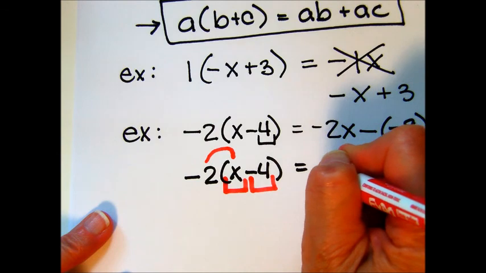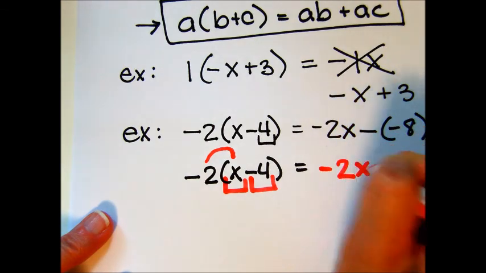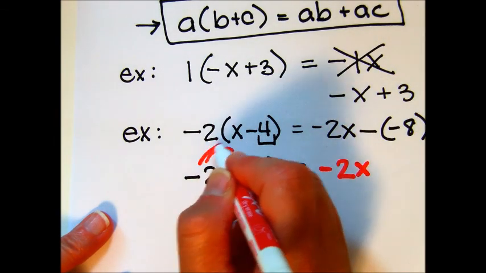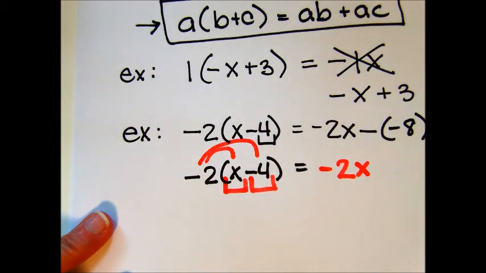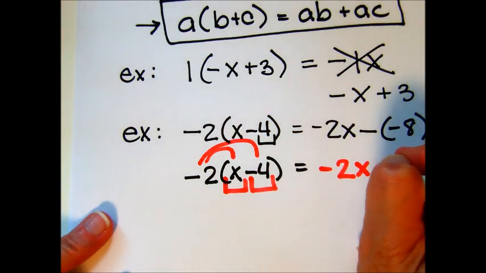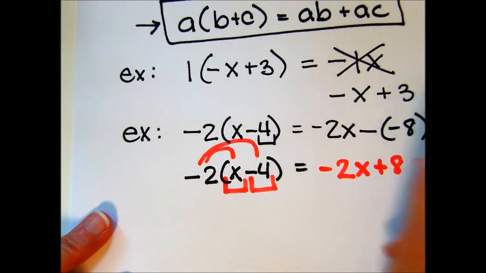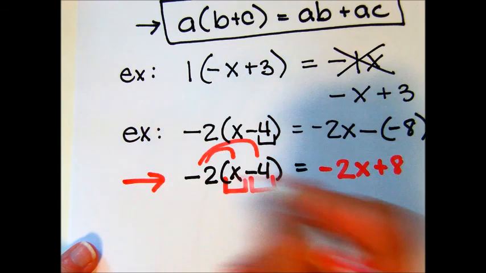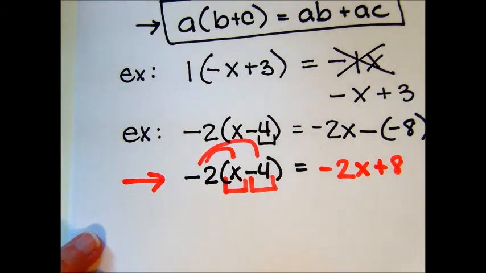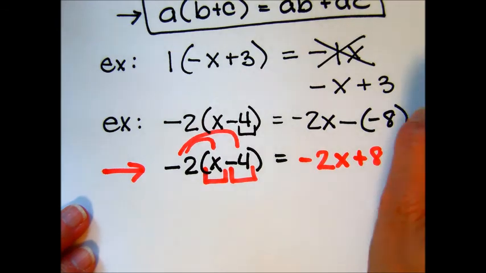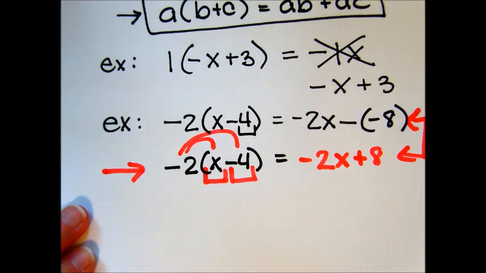That's going to give us negative 2x. Then negative 2 times negative 4. That will give you a positive 8, because a negative times a negative is a positive. This is actually the way that I generally work out the problems. But both of these have the same value.